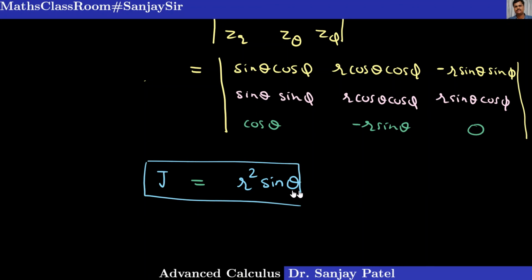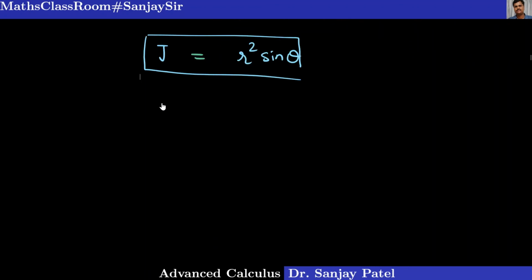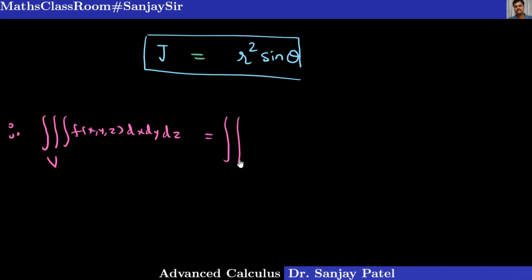So the final transformation of the triple integral will be, therefore, the triple integral over the given volume V of a function of three variables x, y, z into the spherical system is given by the integral over V dash, and all x, y, z will be changed to the new parameters r, theta and phi.